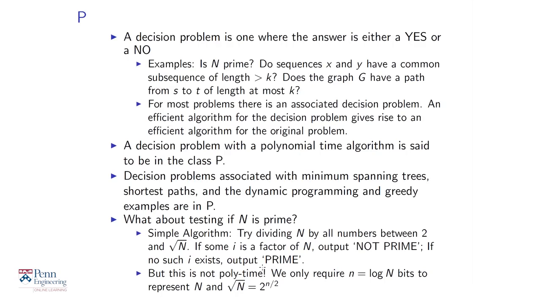Well, it takes about 20 bits. That's log base 2 of a million. So in fact, the number million is represented by an input of size 20. But if you're going to take square root of n divisions, square root of a million is about 1,000. So you can see that even on a 20-bit input, you're going to take about 1,000 divisions. And if you work this out, this is growing exponentially. So this is not a polynomial time algorithm.